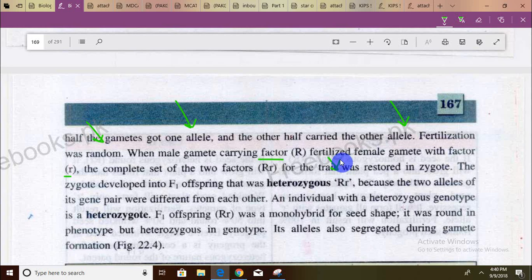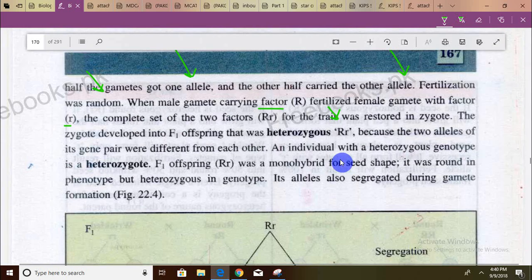An individual with a heterozygous genotype is a heterozygote. The F1 offspring was a monohybrid for seed shape, and what that means is that it was round in phenotype but heterozygous in genotype.